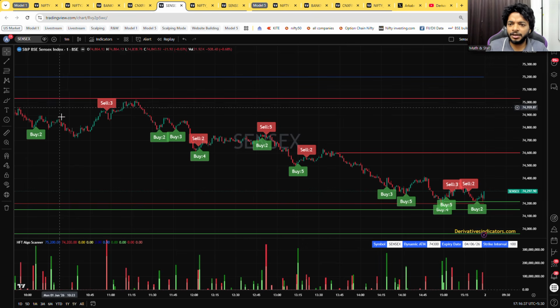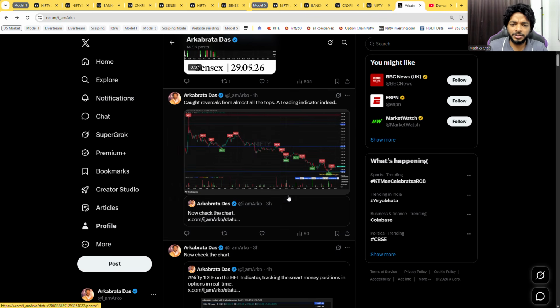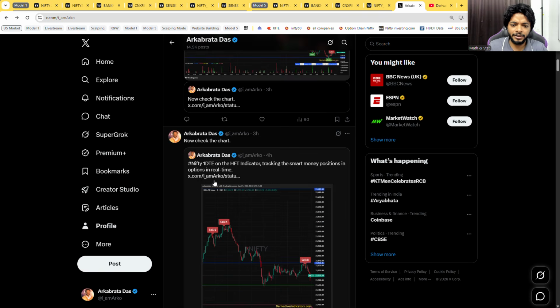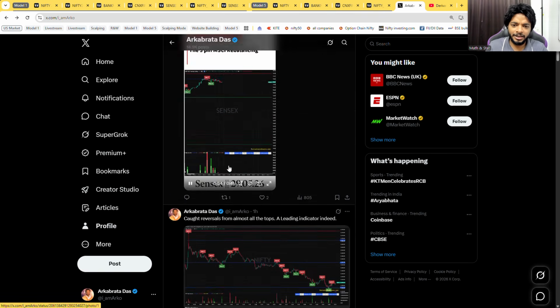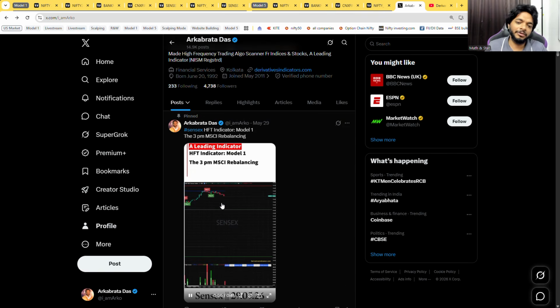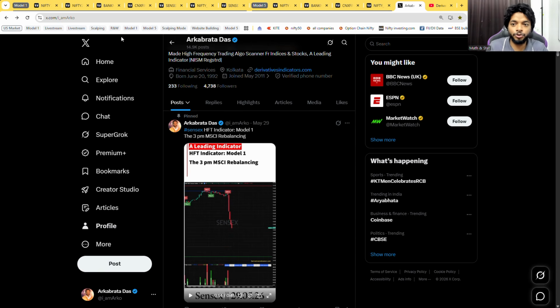And not only that, for the past performance also, if you go here and check these past performances, like the last day, just before the 3 p.m. selling that happened, the MSCI rebalancing. In Sensex we got the sell signal right at 259.